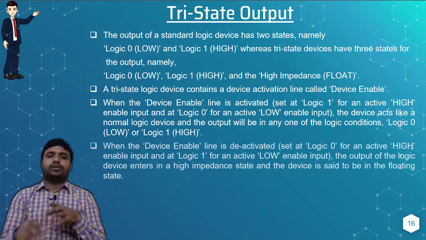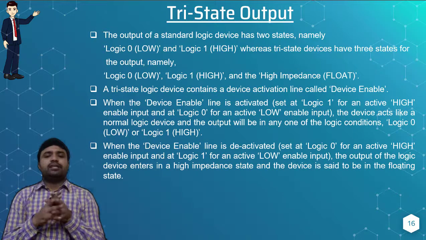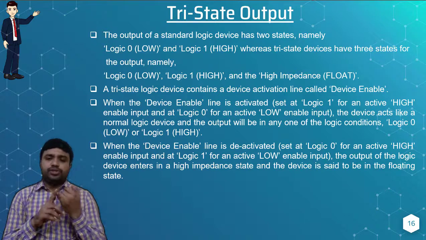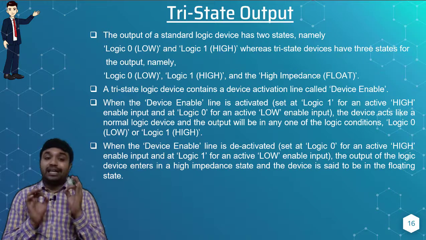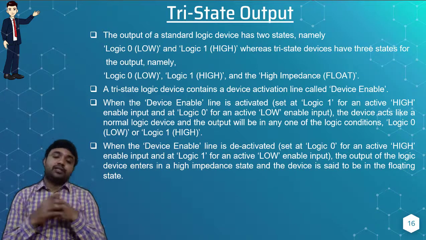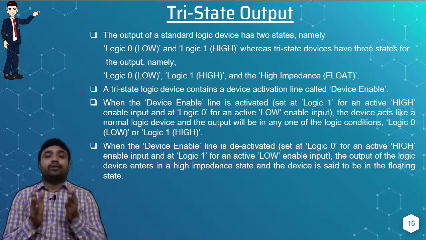The other combination is when the device enable line is deactivated, that means logic 0 for an active high enable input, that means you are considering a 0 for 1, and logic 1 for an active low enable input, that means 1 for 0.